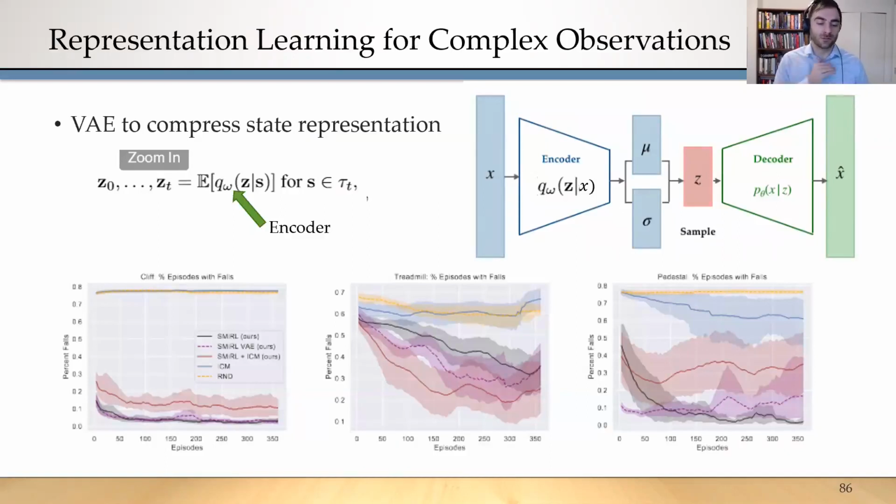In order to improve the learning speed on some of these environments, I can combine SMIRL with a learned, compressed representation that's learned using a variational autoencoder. So here, the original state space from the environment, think of VizDoom, can be compressed down from something that's around 16,000 inputs to something that's around 128.